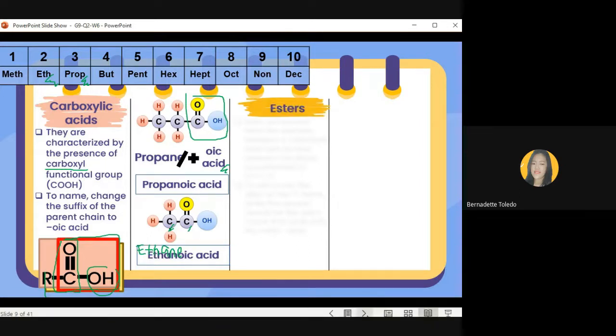Next one is the esters. Esters are formed from the reaction between our carboxylic acids and alcohol, wherein two alkyls are attached to an oxygen connected by double bond to carbon, and carbon single bond to oxygen.